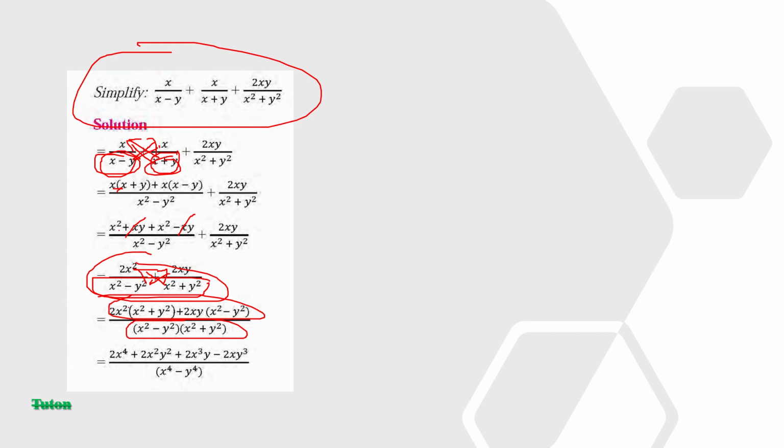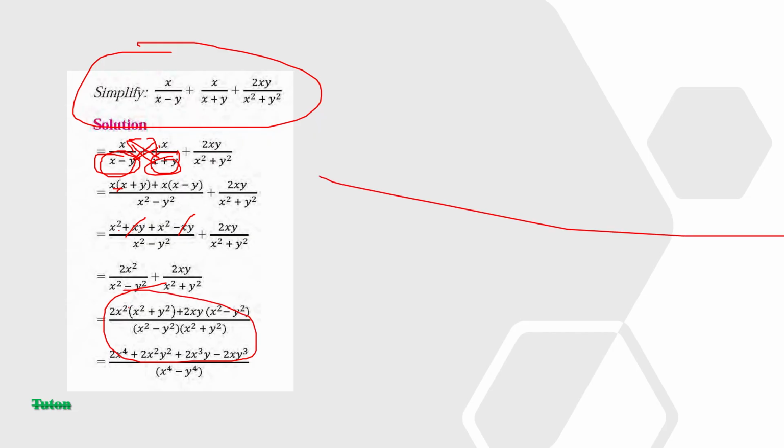After opening, let me break down this step for you guys. Here we have x squared minus y squared and x squared plus y squared in the denominator. Let's carry out the multiplication and open the brackets in the numerator.